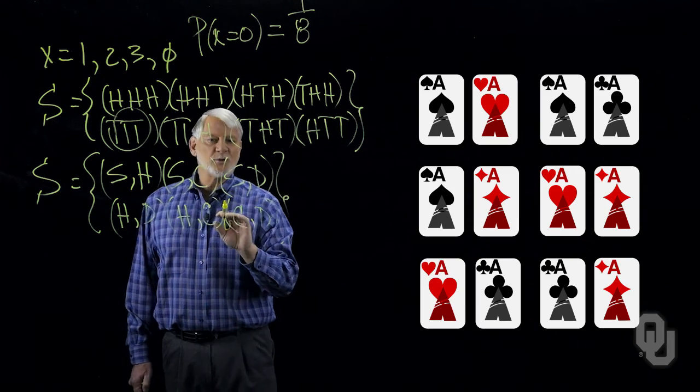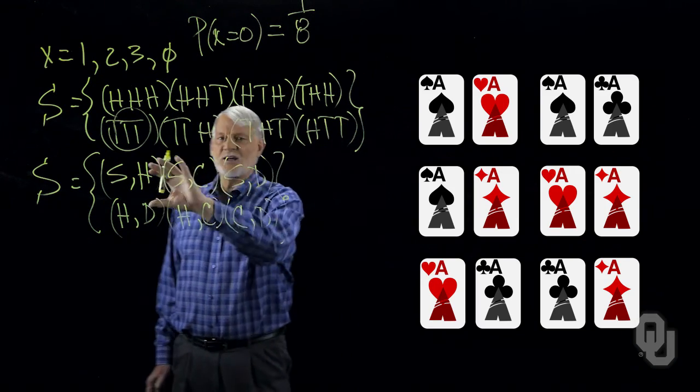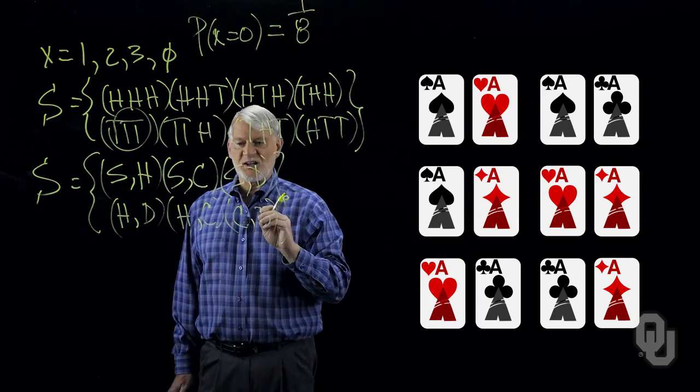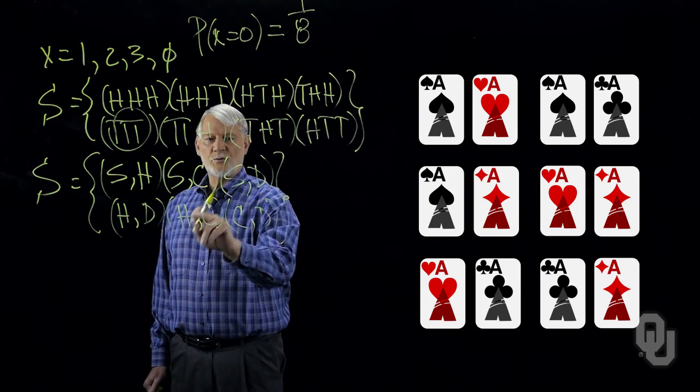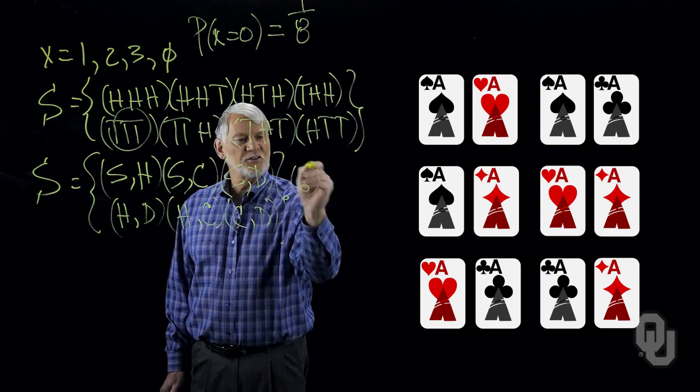Those are all the possible ways you can take 4 aces and combine them in unique subsets. 1, 2, 3, 4, 5, 6. So there's 6 of these.